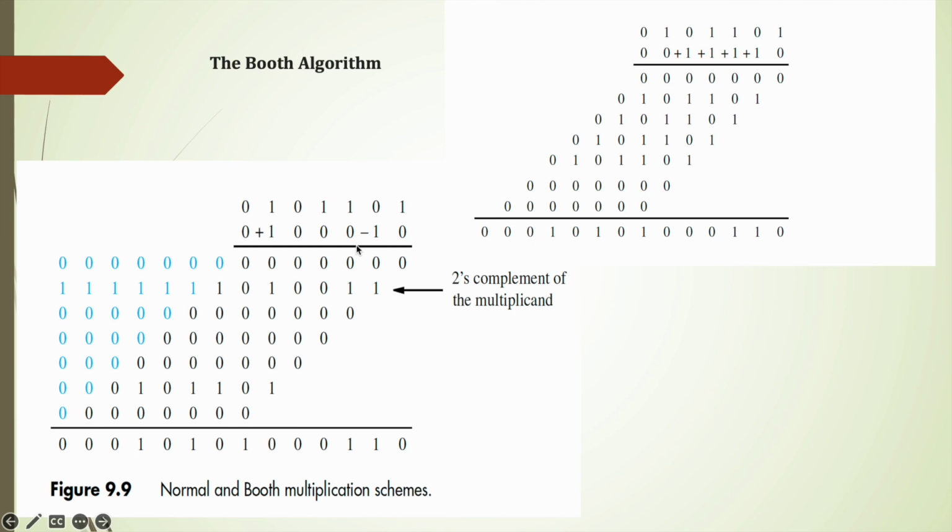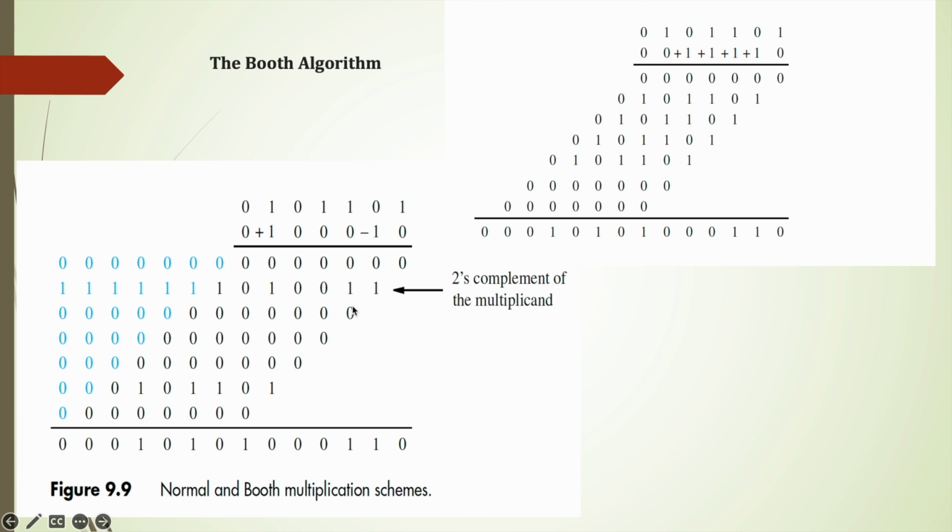If I use minus 1 instead of using plus 1 4 times, if we use Booth recoding, we'll get it as 0 minus 1 0 0 0 plus 1. So for a 0 we'll write all zeros. For minus 1 we write 2's complement of multiplicand. 2's complement of multiplicand is 1 1 0 0 1 and all the ones.